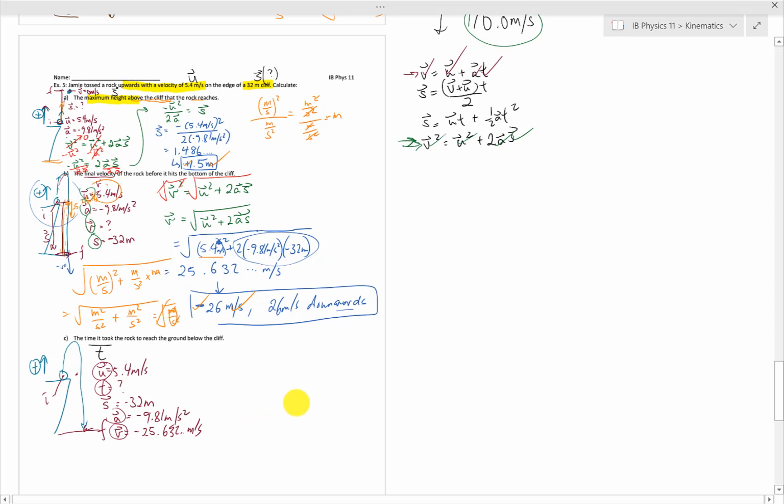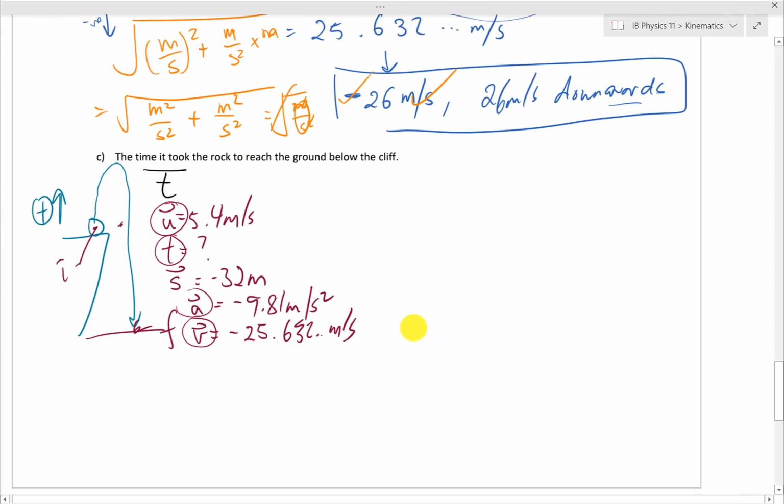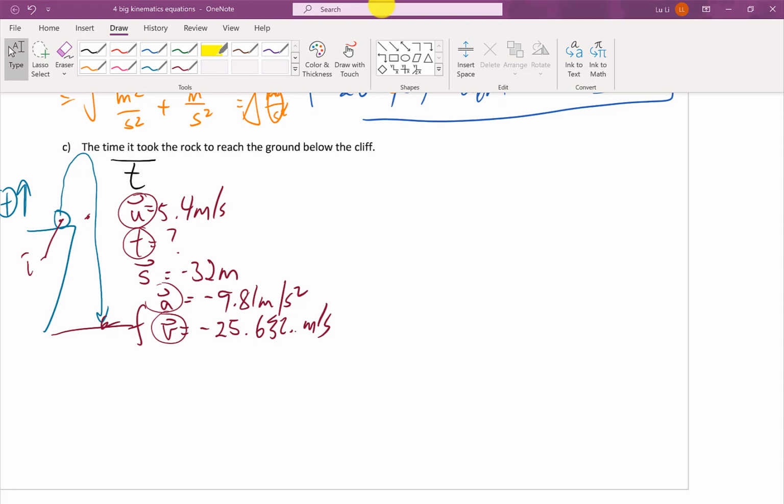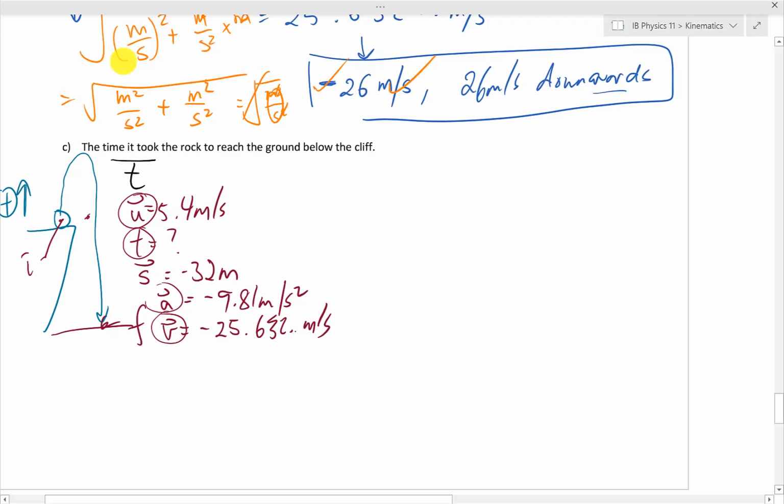So what I'm going to do, since you've already seen me do this before, is solve for T from that equation, and I'm going to use a different color here for my first solution. So first solution, I'm going to use V equals U plus AT. Then I'm going to solve for T. And this is where I'm going to put myself on fast play.